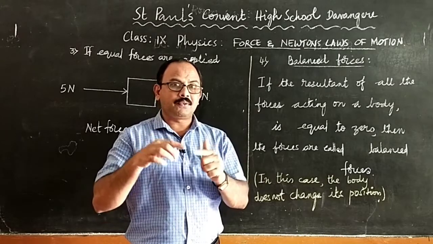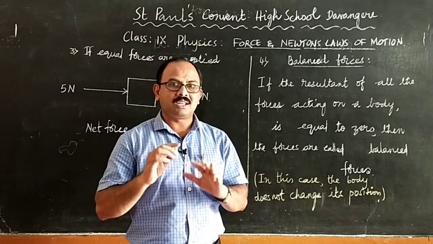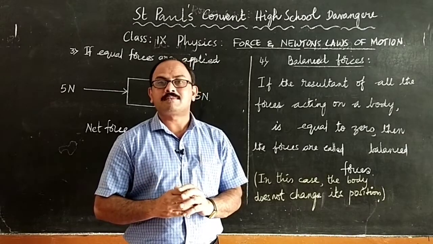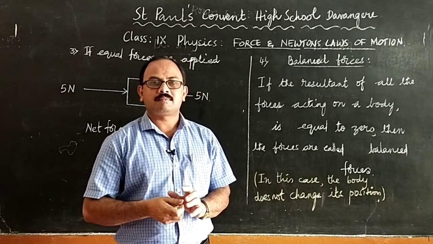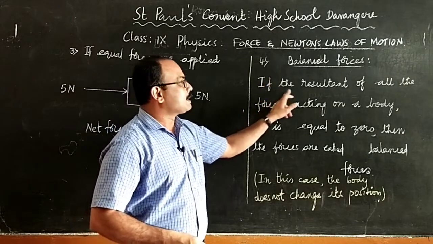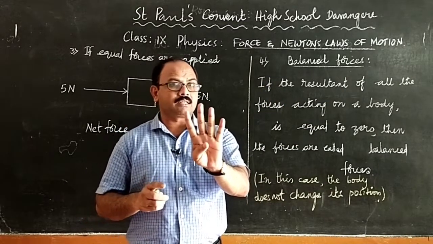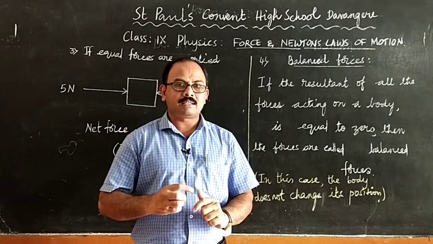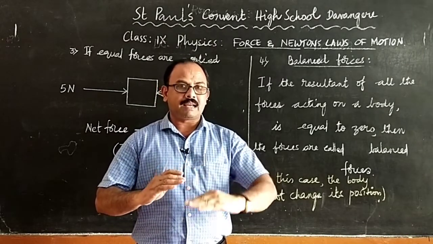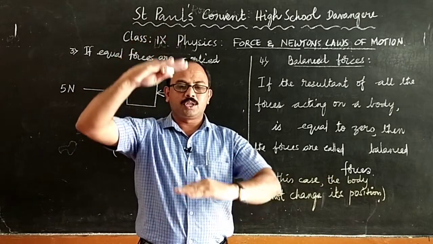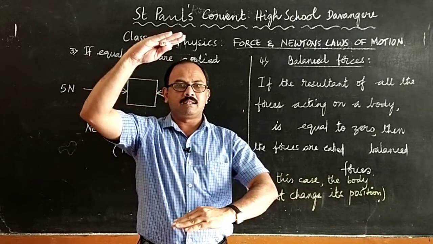When the net force is equal to 0, then the forces are called balanced forces. Of all the four forces we have taken, children, we have discussed that the force of gravity is equal to the force of reaction. These two will always be equal.